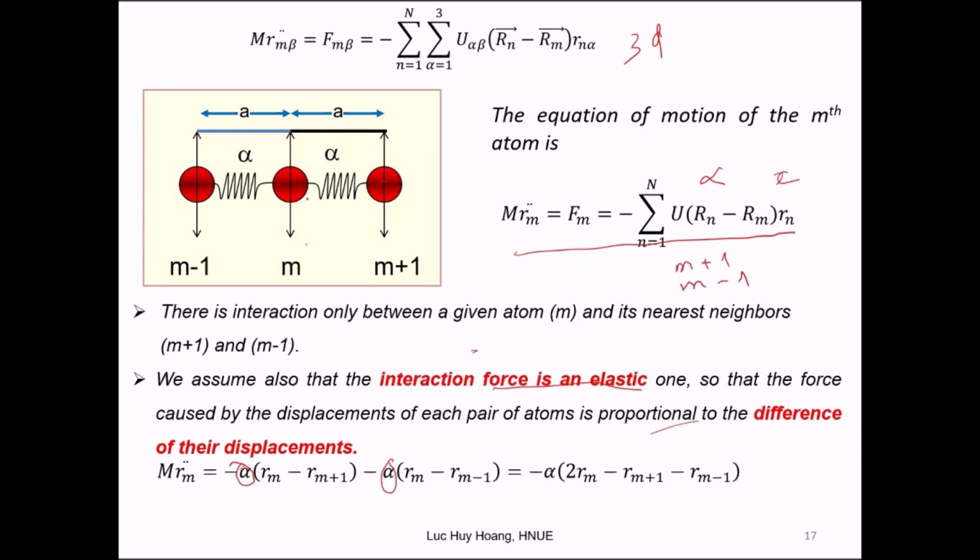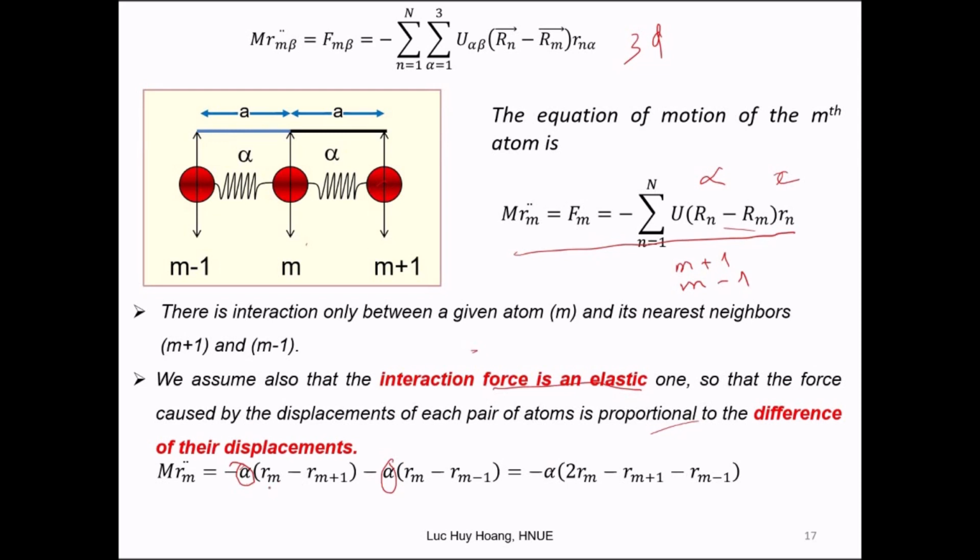For example, because this atom vibrates, this atom also vibrates, so Rn depends on the difference of displacement between two atoms.